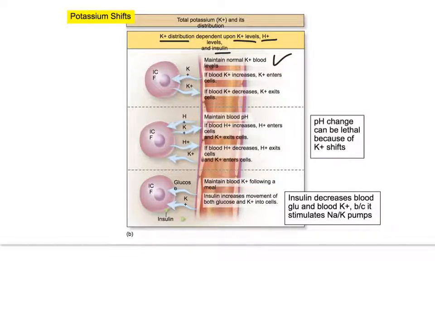If too much potassium enters, the potassium will actually go into the cells. If the blood potassium decreases, it's going to exit. So we're going to try to keep it in homeostasis. That's the goal. It's going to move from higher to lower concentration.